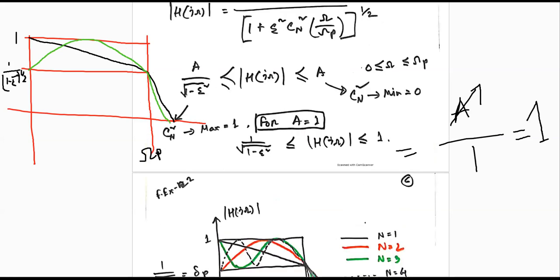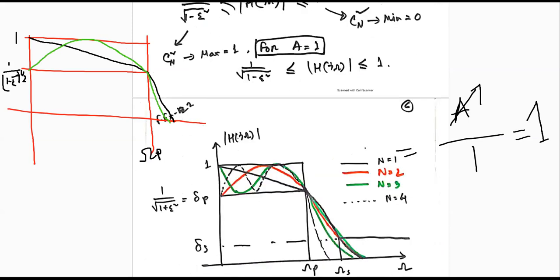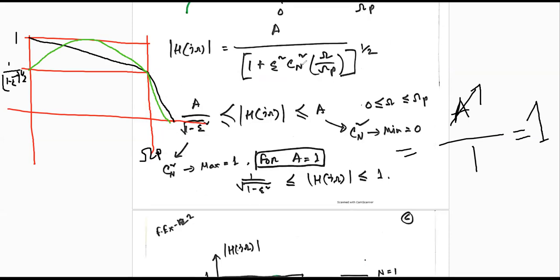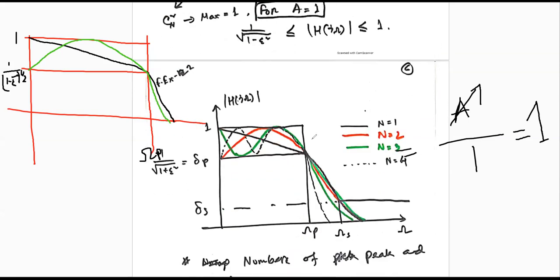What about the third order filter? Here it will start with where? Zero means 1. If it is 0, then automatically it will go like this, and that's why it starts with 1. This one is first order, this one is second order, and now we are talking about the third order.